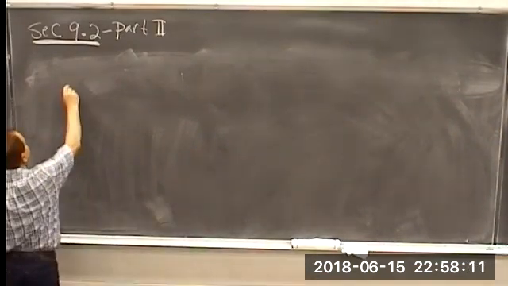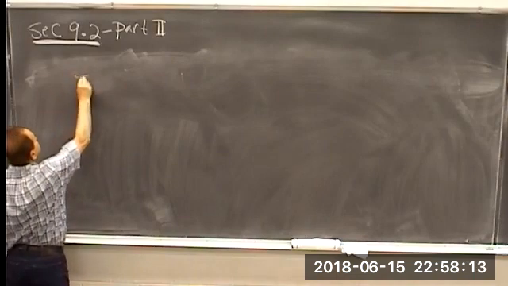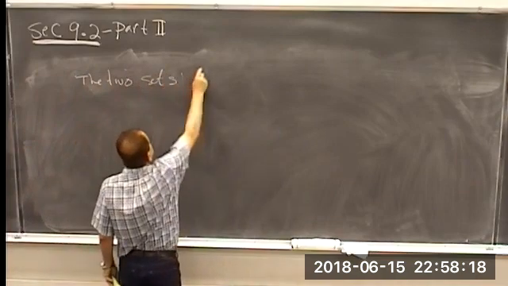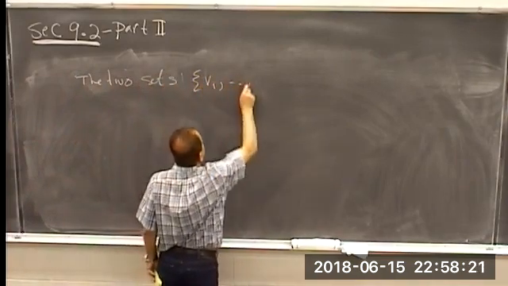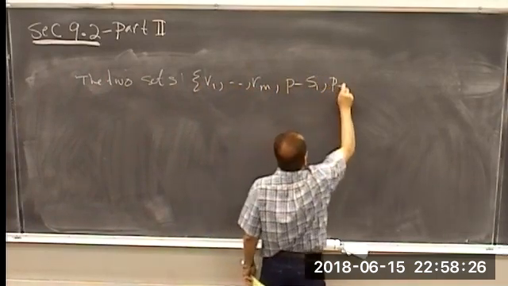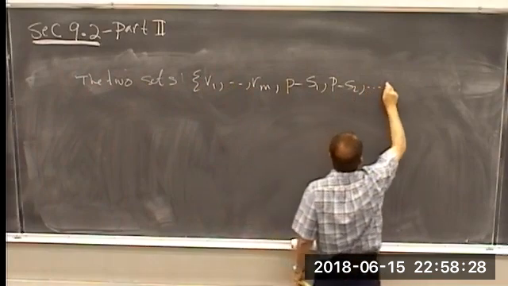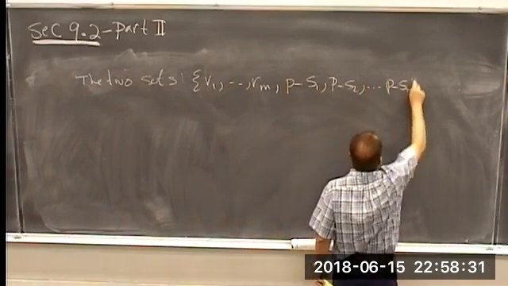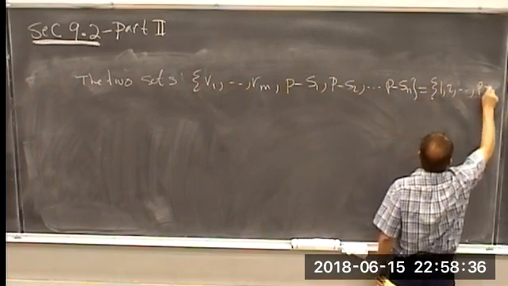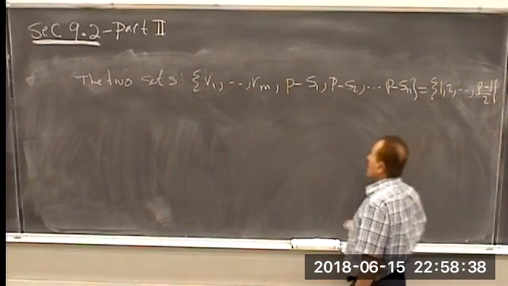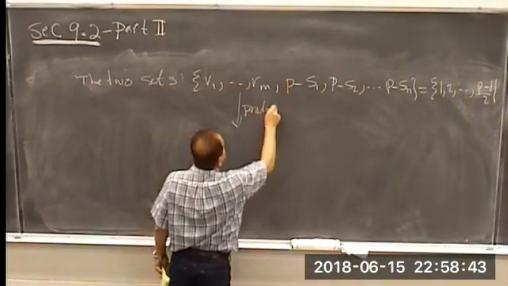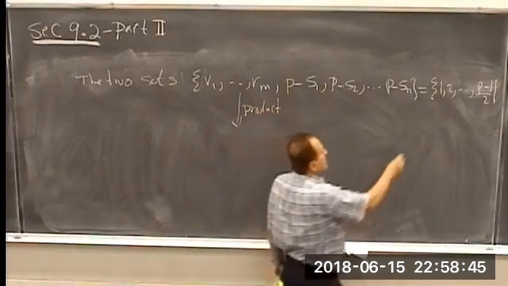Now, since the two sets, which are R1 up to Rm, p minus S1, p minus S2, up to p minus Sn, are equal, then the product of the elements in here equals the product in here.